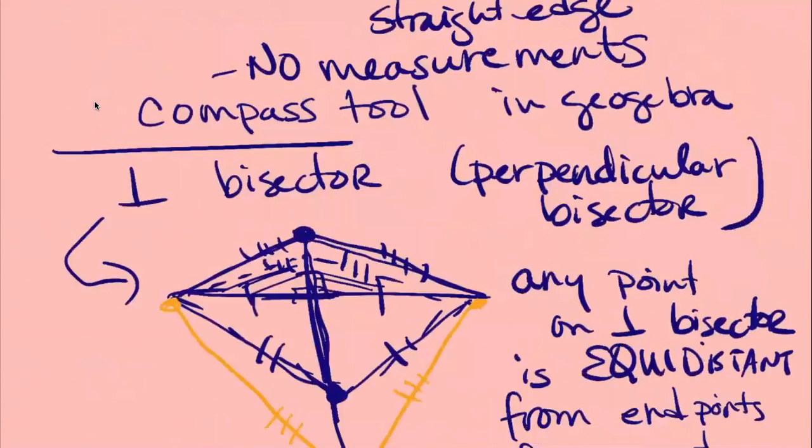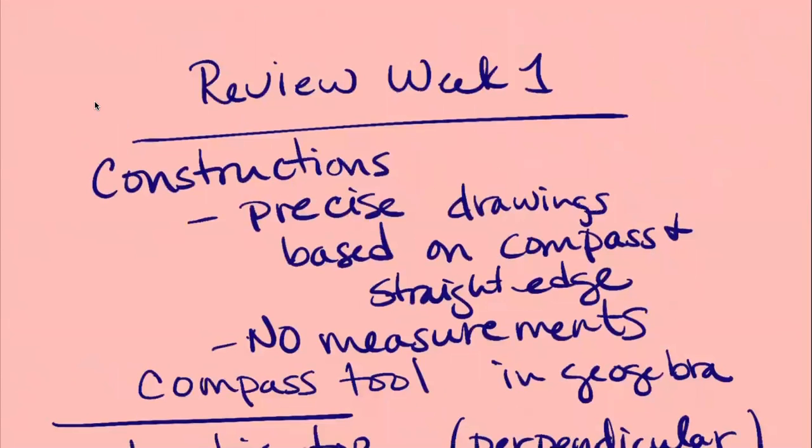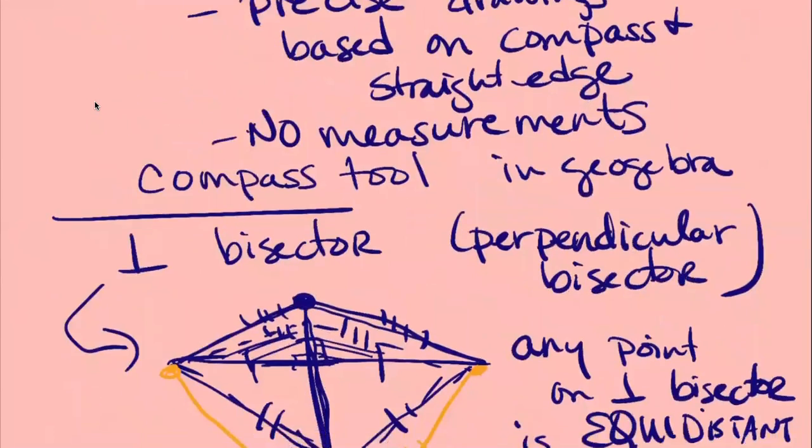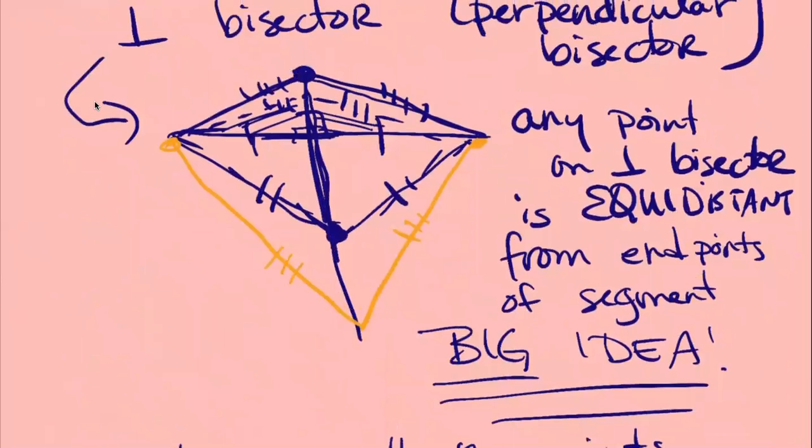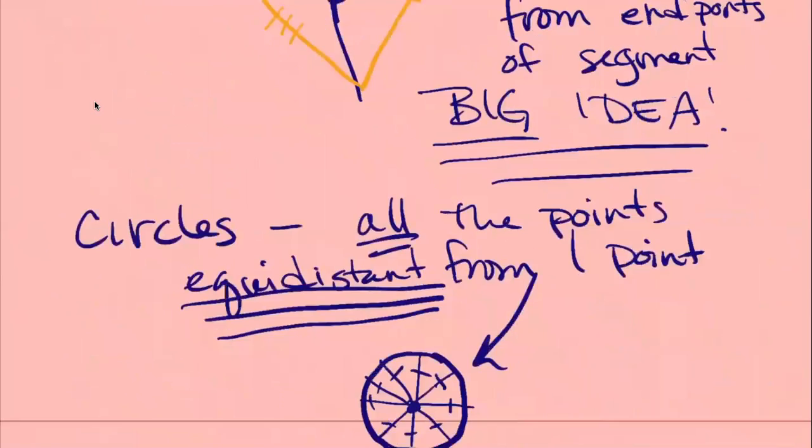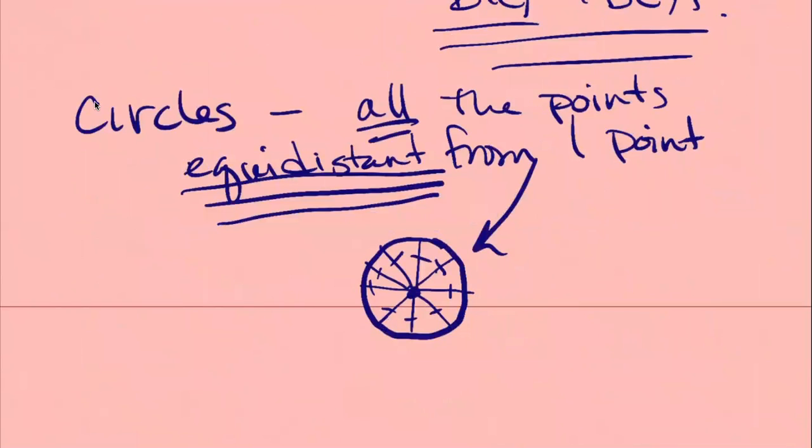So mostly last week, we worried about constructions and we learned about using the compass tool in GeoGebra. We spent some time with the perpendicular bisector, which gives us equidistant from the endpoints of the segment. We talked about circles, which are all the points equidistant from one point.